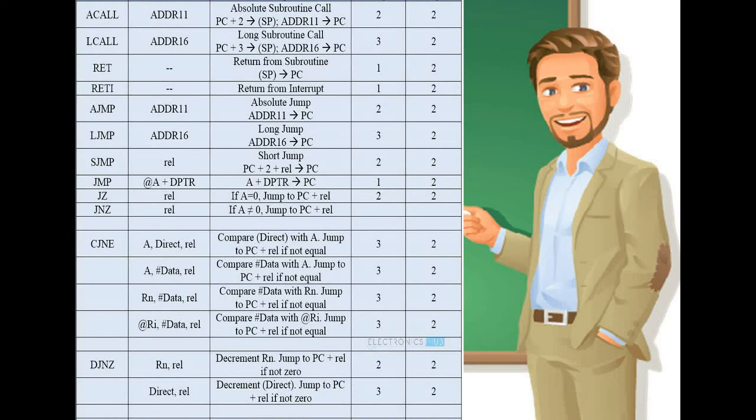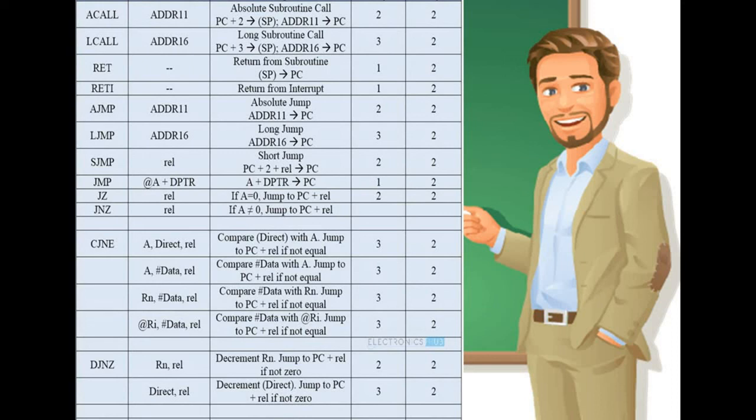Next, jump if 0. If the value is 0, then directly go to a particular location. Jump if not 0. Next, compare jump if not equal. That means if the values are not equal by comparing equality.